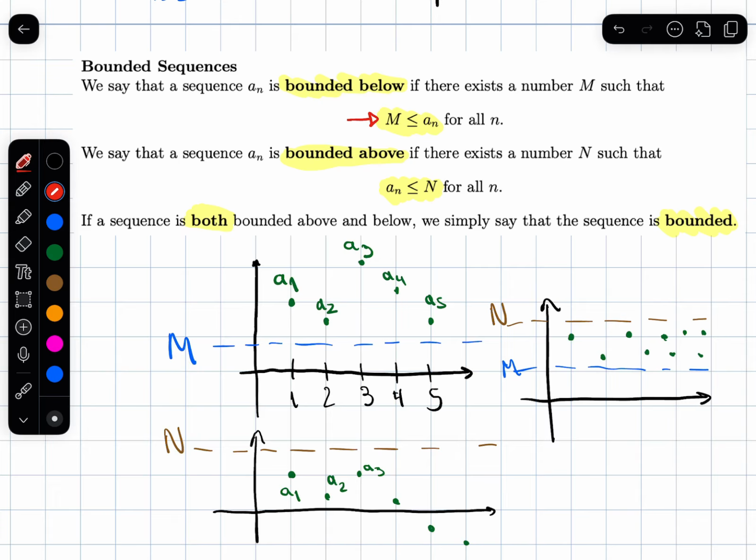This number sometimes is given a name, and this number sometimes also is given a name. So this number m is called a lower bound for the sequence, and this number n is called an upper bound for the sequence. If the sequence is bounded below, there isn't only one lower bound.